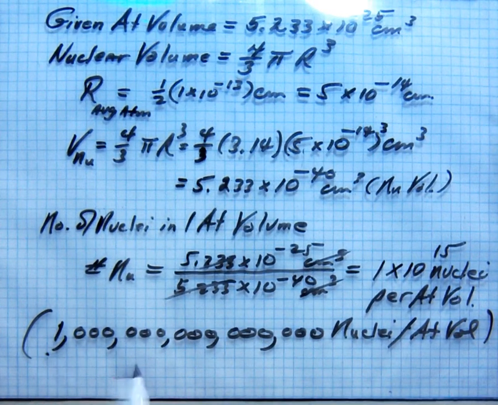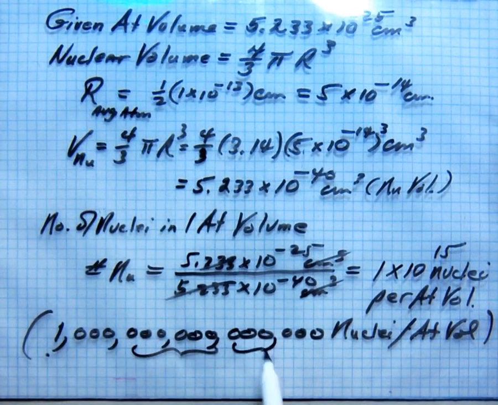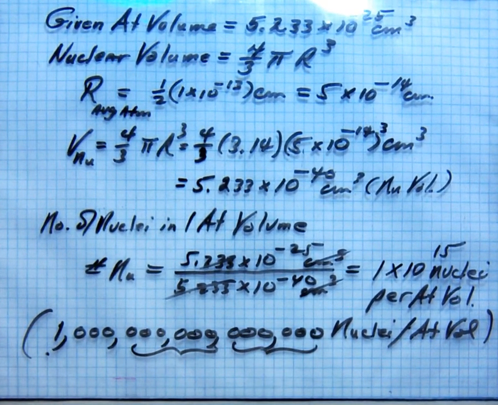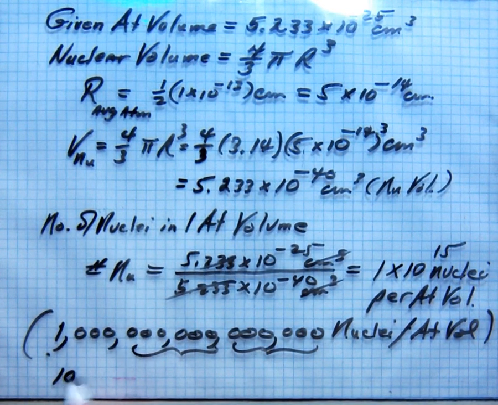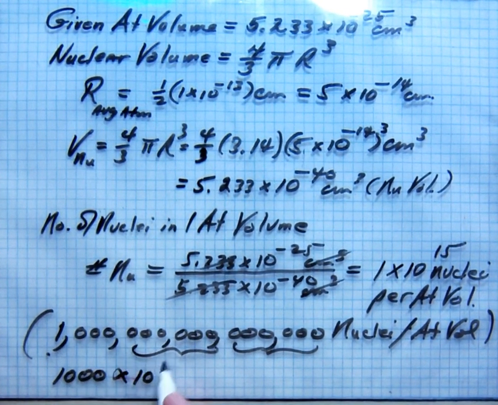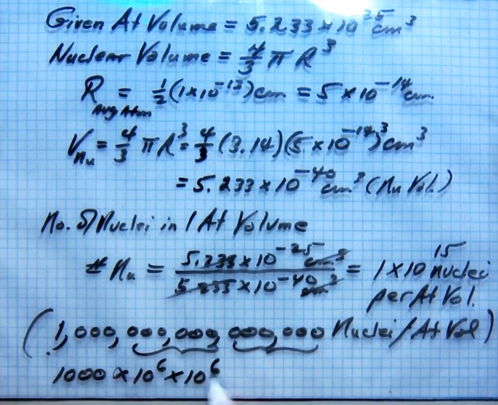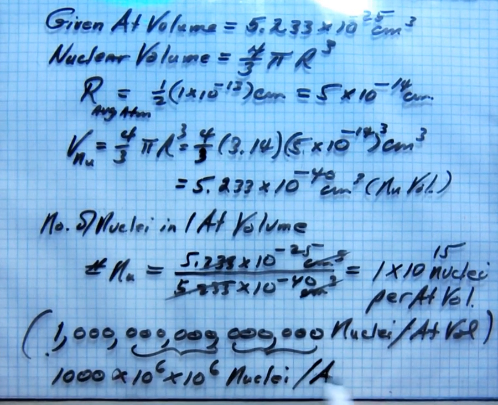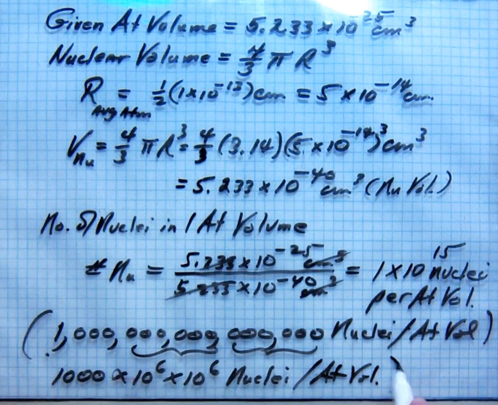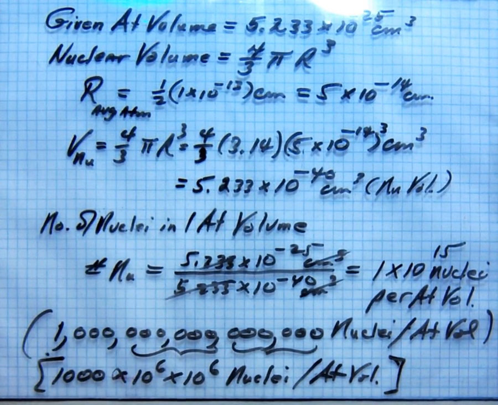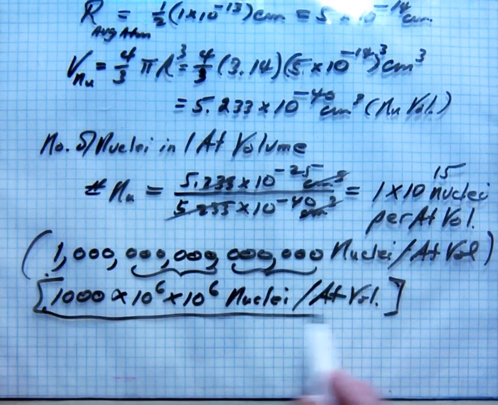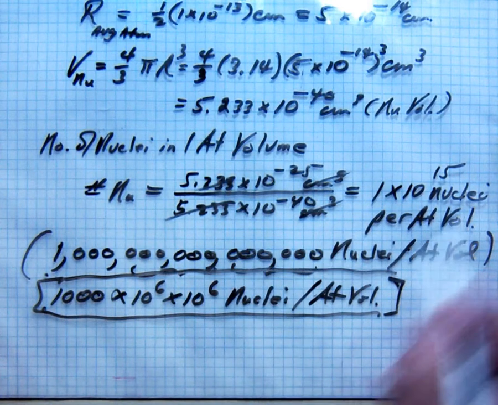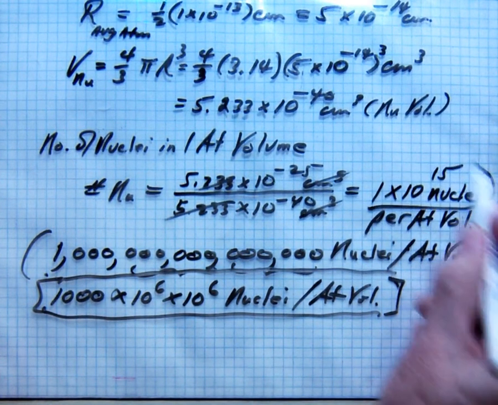That's 1,000 times a million million. So we went 1,000 times 10 to the 6 times 10 to the 6 nuclei per atomic volume. You need to remember that one, or 10 to the 15th up here.